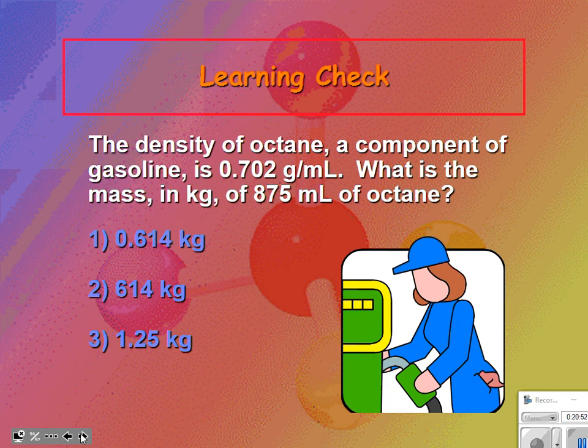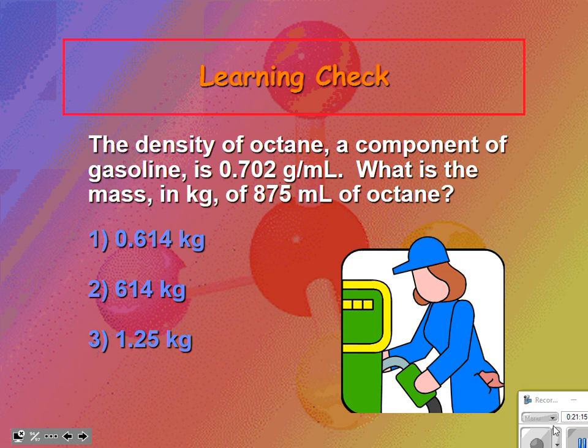Here's another learning check. The density of octane, a component of gasoline, is 0.702 grams per ml. What is the mass in kilograms of 875 mLs of octane? Go ahead and work that out.